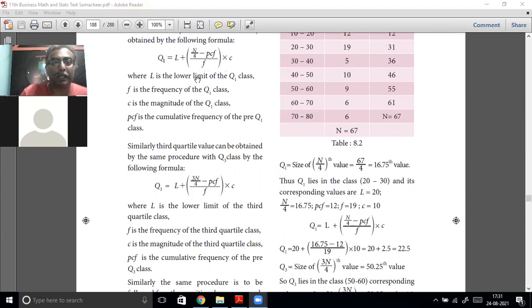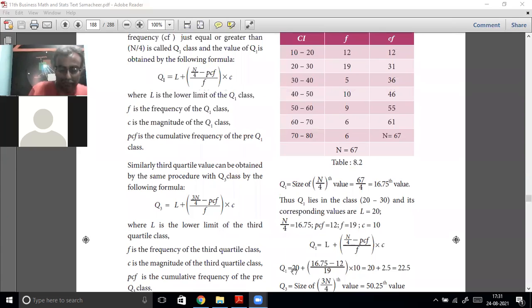Here the 1 went here, 1n by 4, and the 3 goes here, 3n by 4. Similarly, for D6, L plus 6n by 10 minus PCF, divided by F, into C.